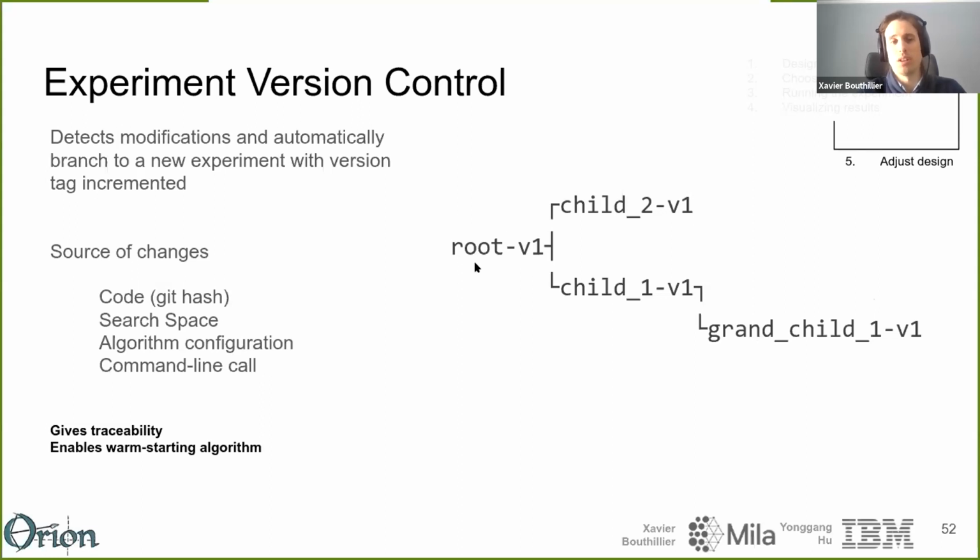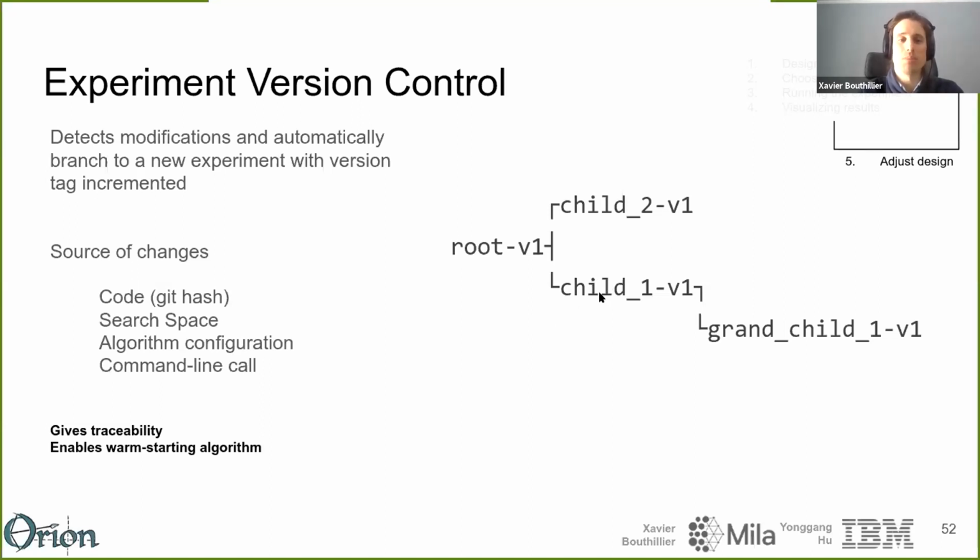We change a bit the search space. We expand it a bit. And now we'll have a child experiment that will be connected to the parent one, and it will have access to the trials of the parent. So when you do this optimization, it will be, as we call it, warm started. There will be trials coming from the parent that can be used to train your hyperparameter optimization algorithm.